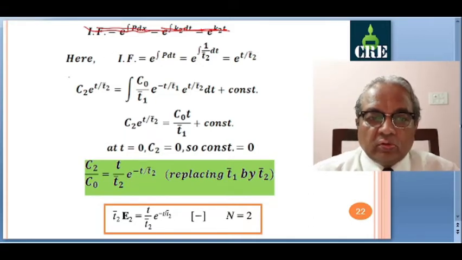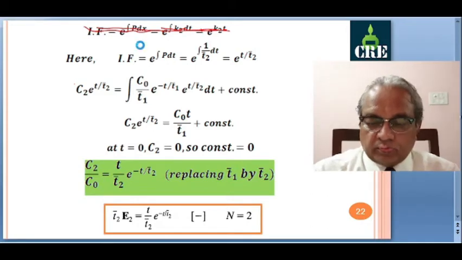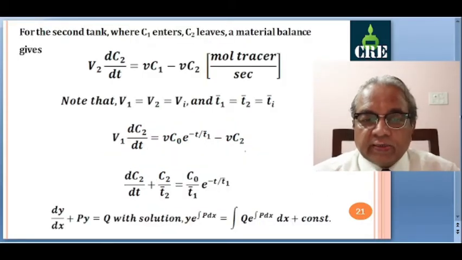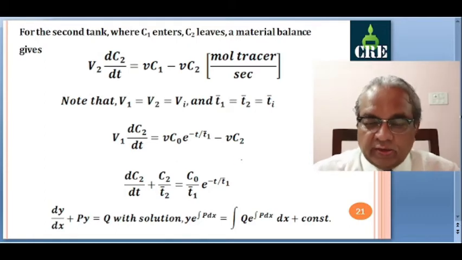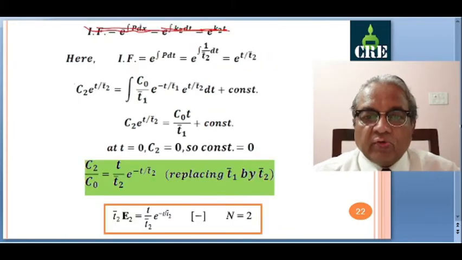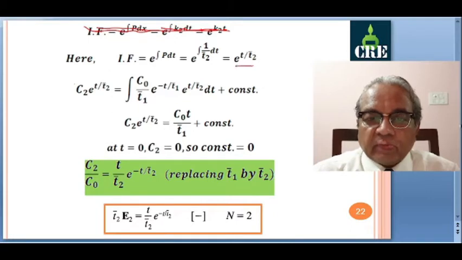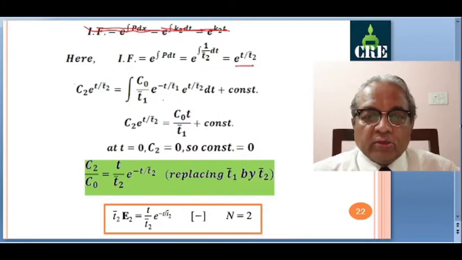So C2, y is C2. So C2 into integrating factor equals integral q. What is q? This right hand side: C0 by T1 bar into e raised to minus t by tau, that we have written, multiplied by the same term again, dt plus constant. This is the solution. Now we have to evaluate the constant.